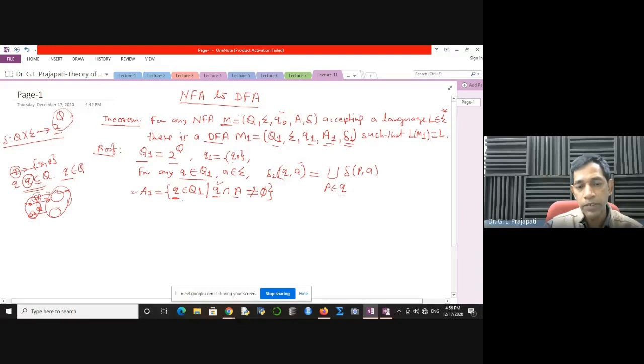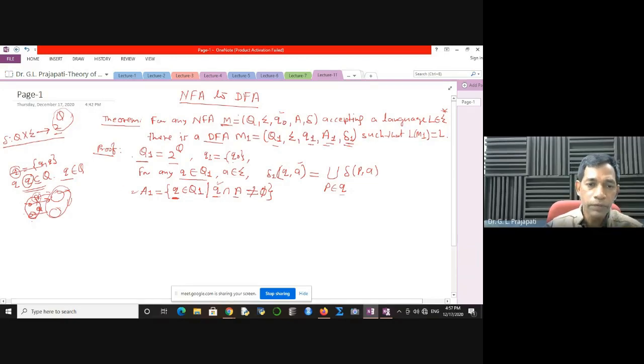So all such states Q taken from Q1, if you find that the intersection with A is not empty, are the final states in the DFA. This is the way you define them.